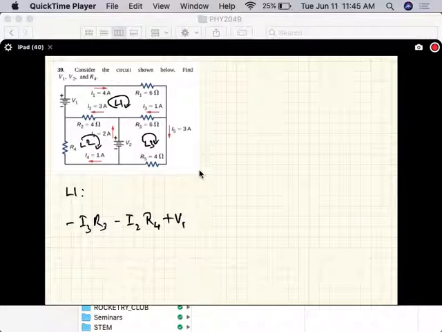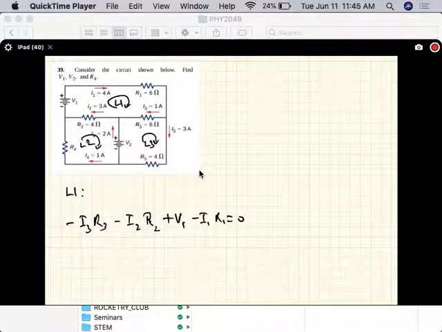Oh, R2, yeah. Plus V1 minus I1R1. And that should equal 0.